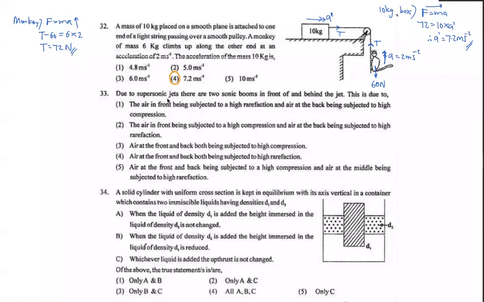Right, next one. Due to supersonic jets, there are two sonic booms in front of and behind the jet. This is due to two sonic booms in front and behind the jet. The air in front is subjected to high rarefaction and the air at the back is subjected to high compression. So two sonic booms. What is that, people?